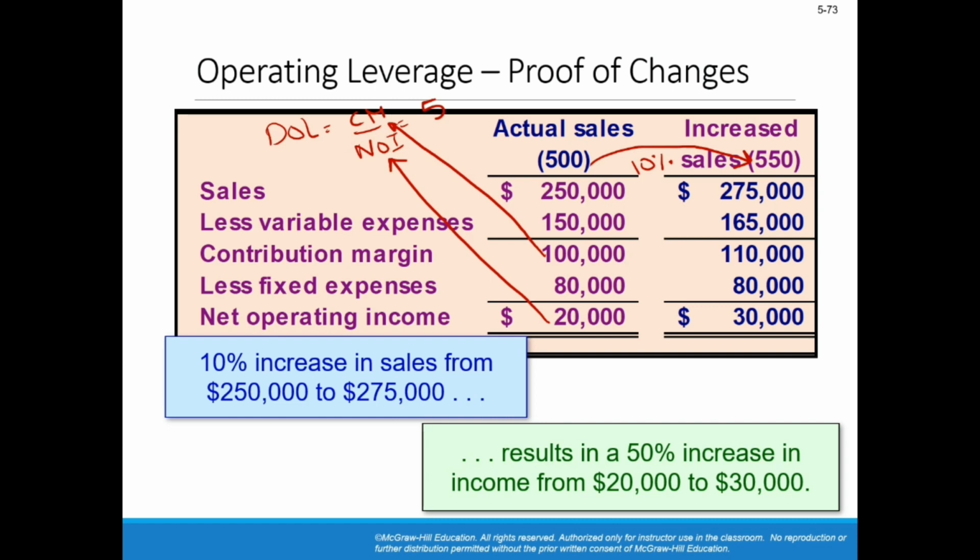So I would expect my net operating income to increase by 5 multiplied by the 10% increase in sales. So the old net operating income is equal to 20,000. The new net operating income is the old multiplied by 1.5, which is an increase of 50%. Right? So it's $30,000, the new operating income.